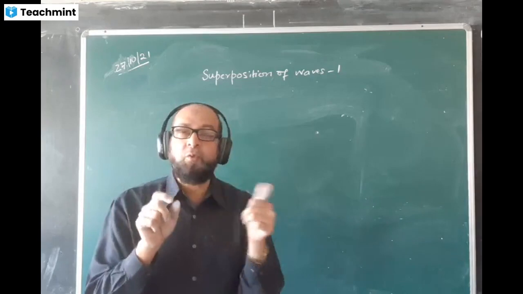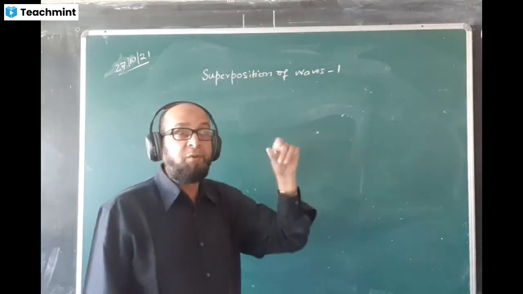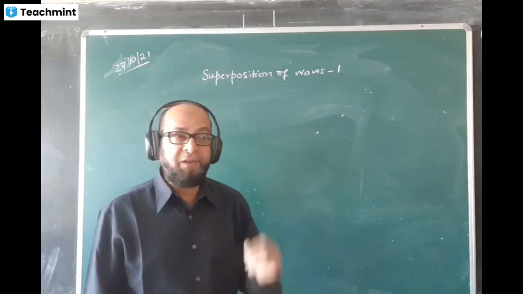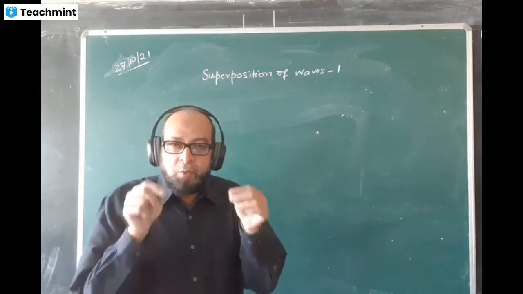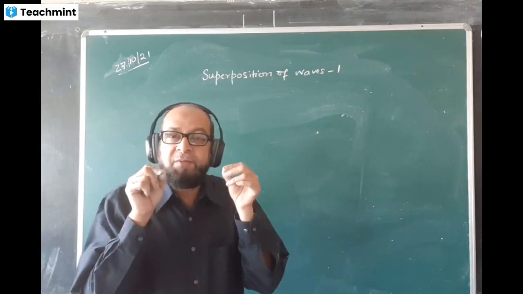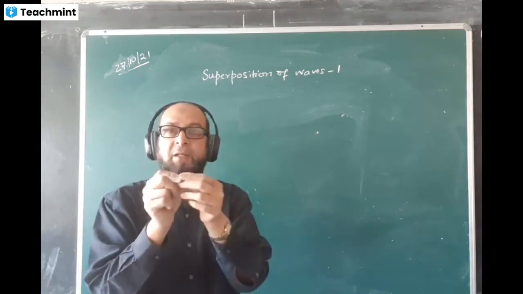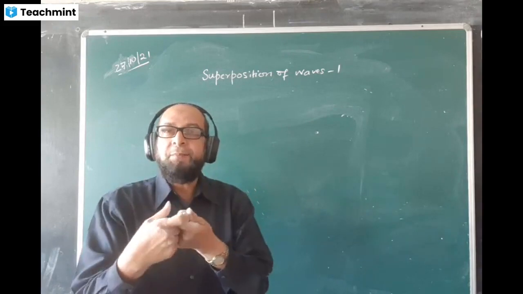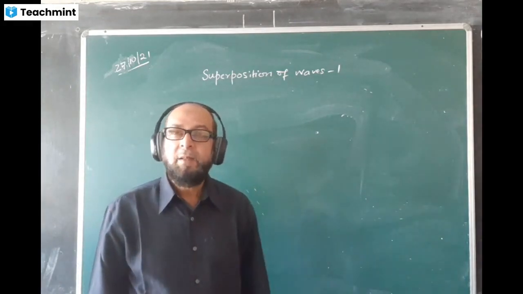One source, another source. Two different sources must be there. And interference takes place from a common source because frequency has to be same. So when two waves having slight difference in frequency are mixed together, there also we get maxima and minima.